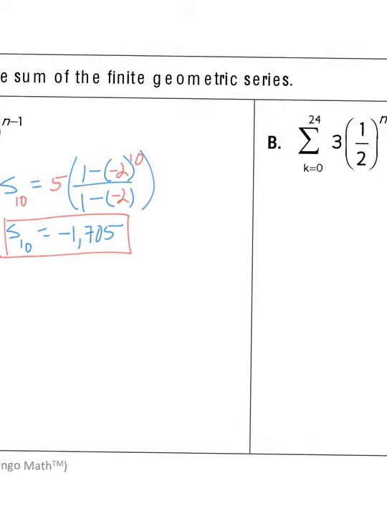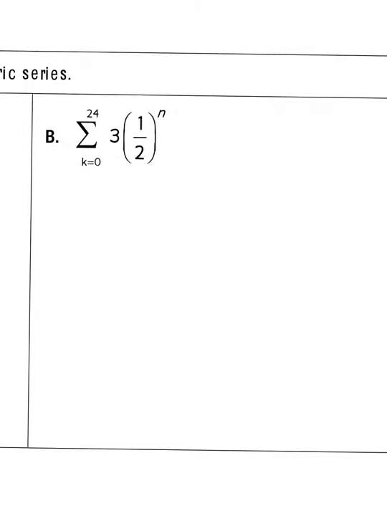All right, part B. So part B, I'm going to let you do it on your own, but you've got to be a little careful because your lower bound starts at 0 and your upper bound is 24, and this is not n minus 1. So to get your number of terms, you have to do 24 minus 0 is 24, and then plus 1. There are really 25 terms here.